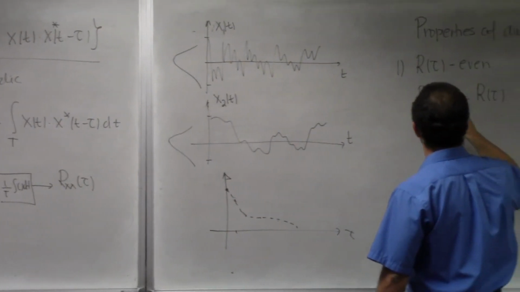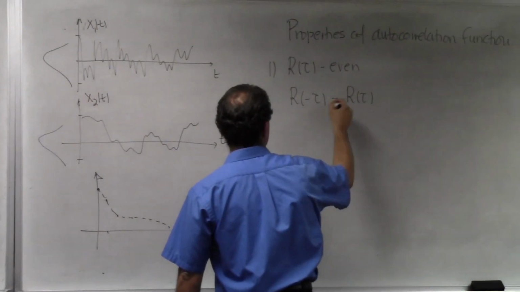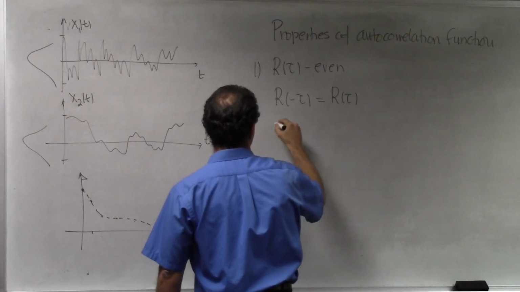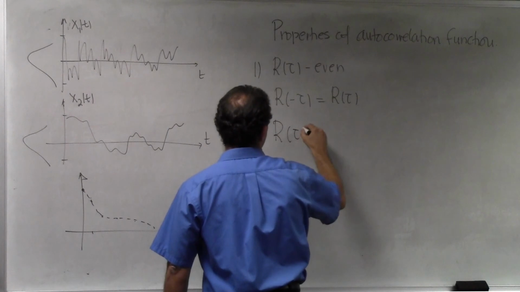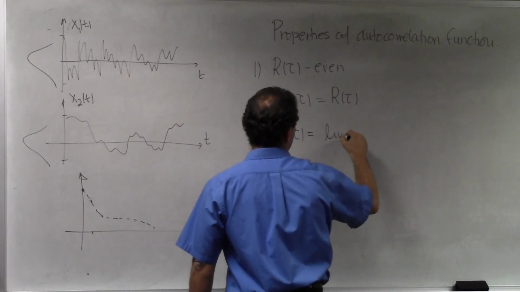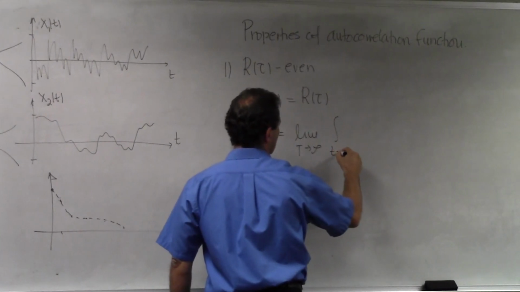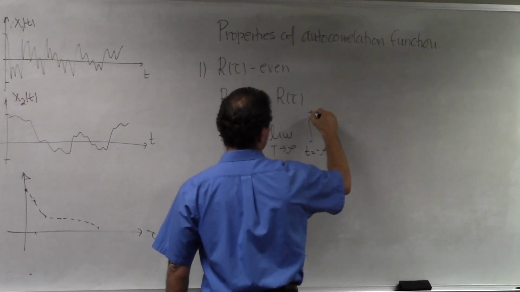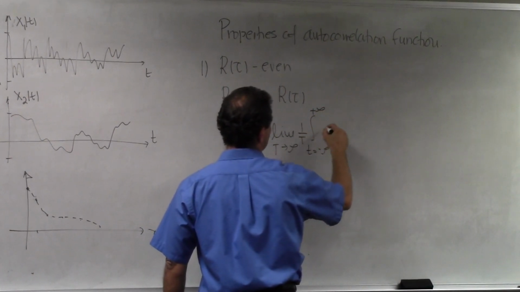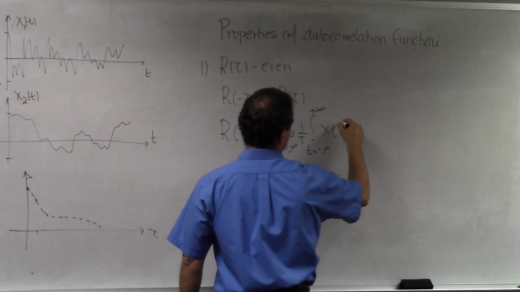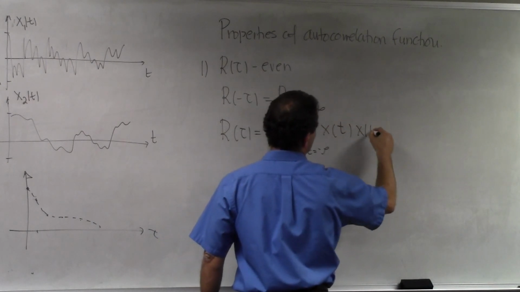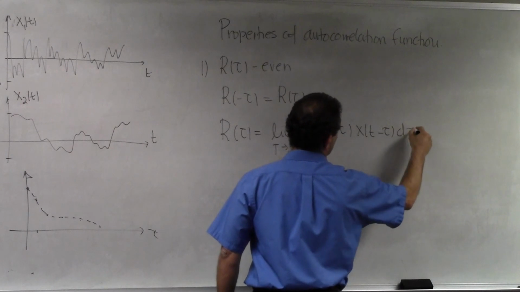Let me just show that this is the case. R of tau is the limit as T goes to infinity of 1 over T, integral from minus infinity to plus infinity, x of t times x of t minus tau, dt.